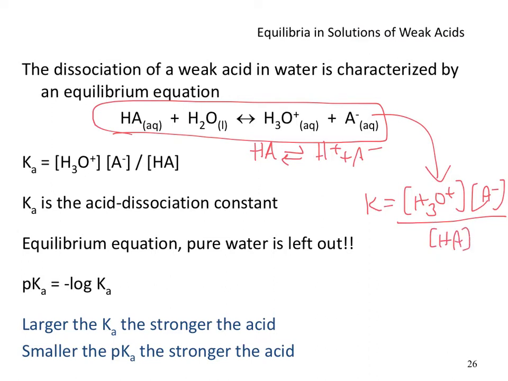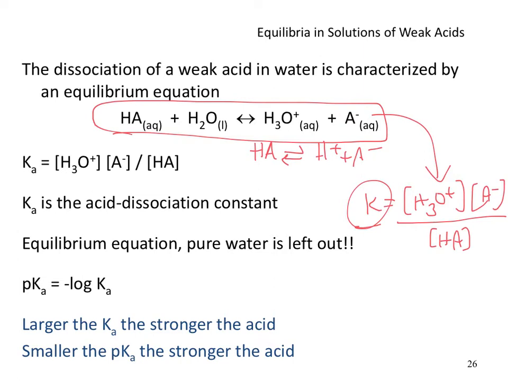That's right. This K has a specific name. It's called the acid dissociation constant, and the value of Ka is going to tell us how well the dissociation has taken place. So although for all weak acids these ionization constants are relatively small, they do vary in magnitude.